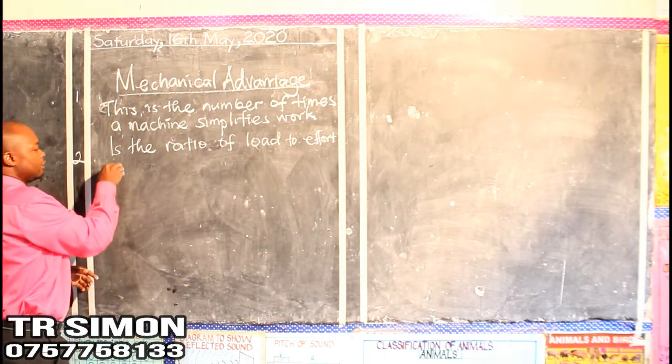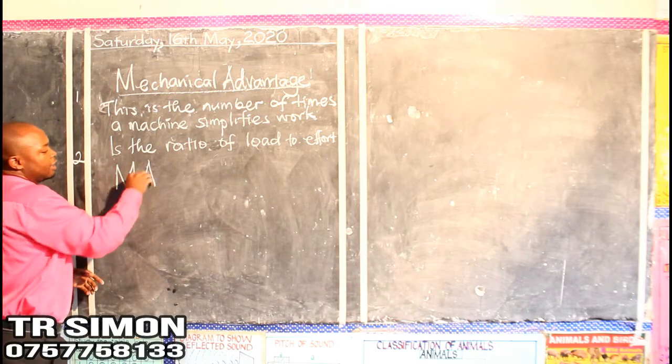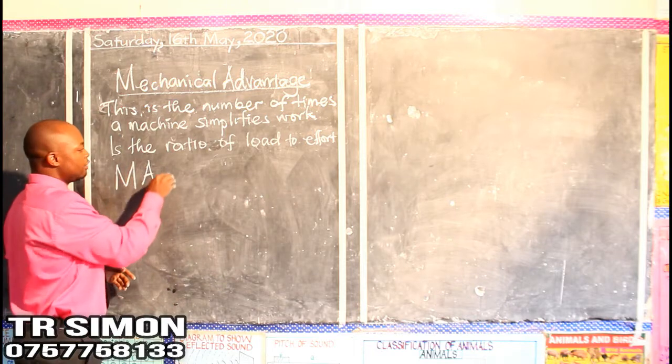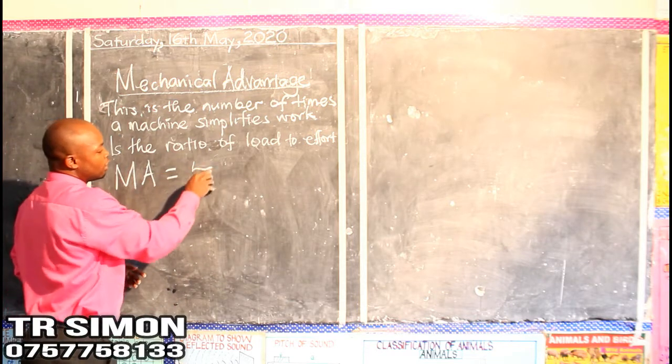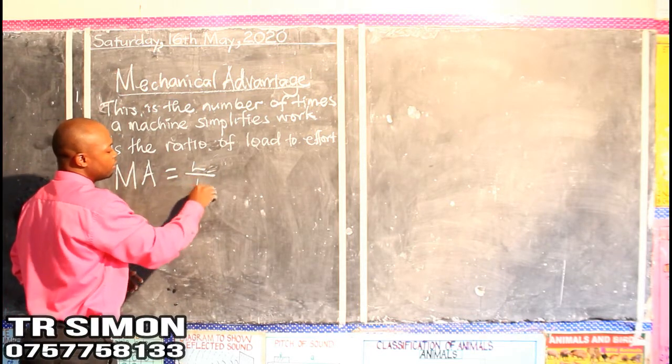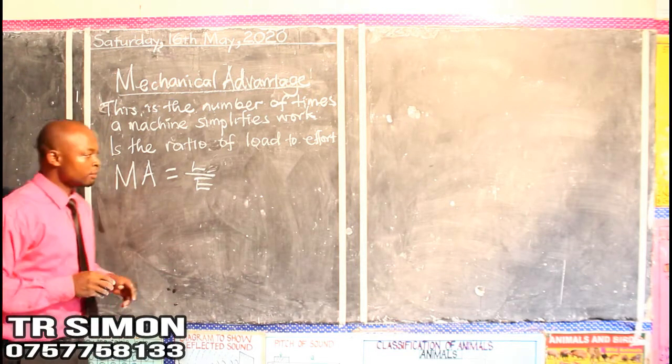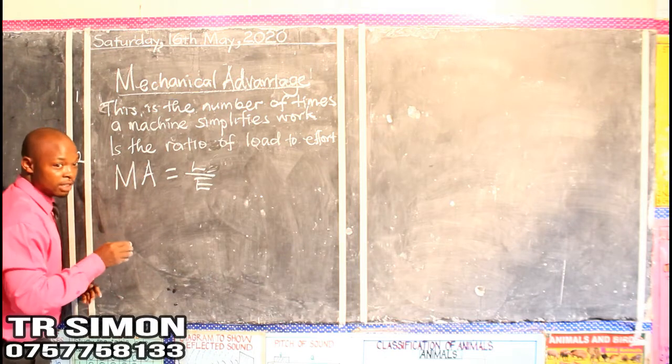And this one will give us the formula, the short form of mechanical advantage. We are going to say mechanical advantage is equal to load out of effort. Let us use this example.